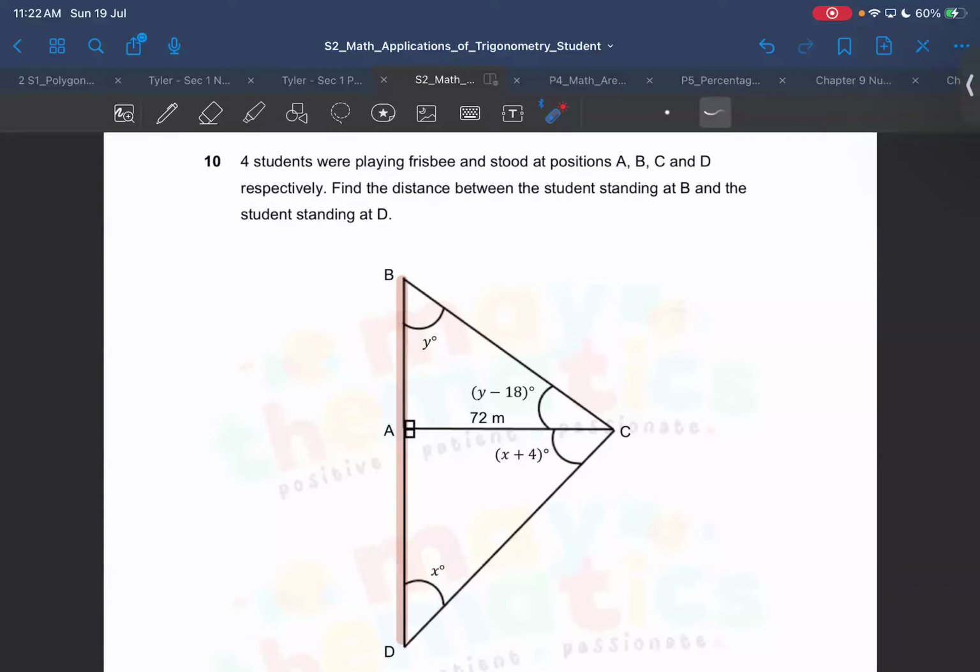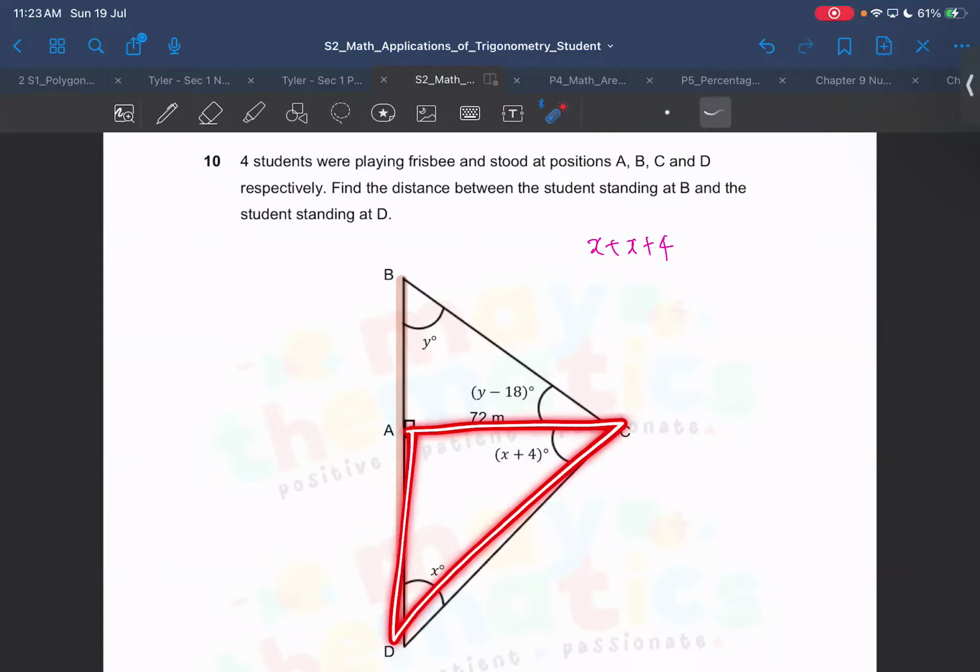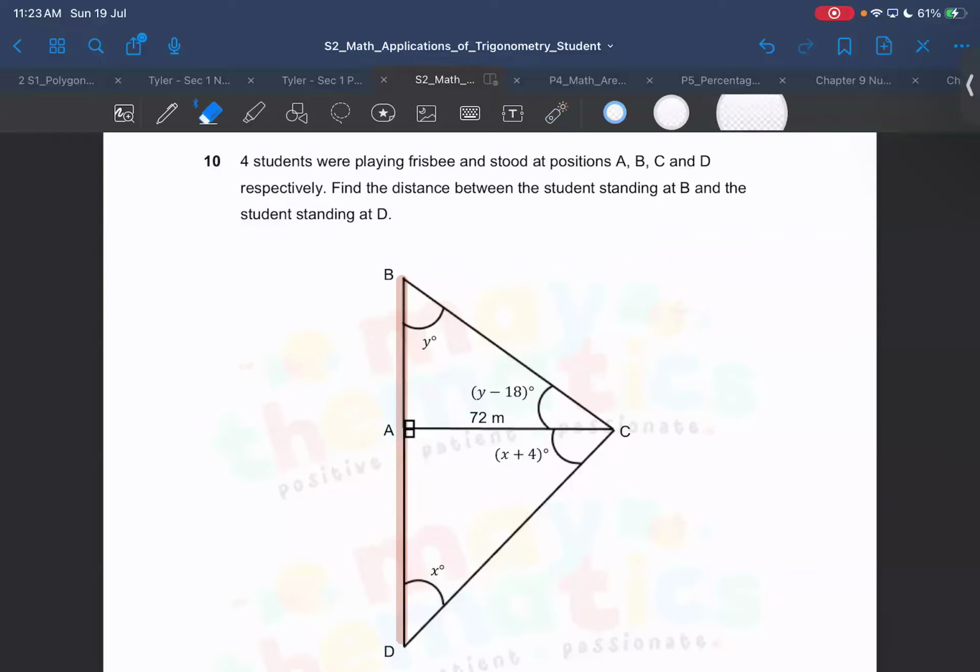You all can continue. You need to find x and y by forming an equation. Xavier, what's my equation? x plus 4 plus x minus y minus 18, I guess? No, I'm finding for x only first, so you don't want to introduce y, if not it'll be very complicated. x plus 4 minus 90, I guess.